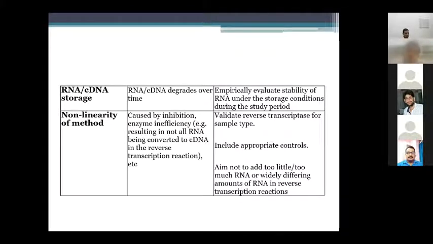So you must make aliquots of the cDNA and keep them at -80, so that it preserves your RNA or cDNA.